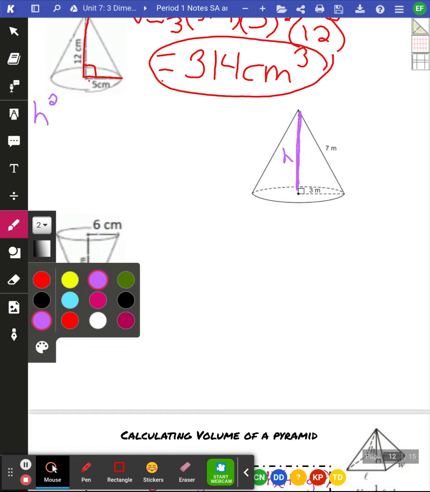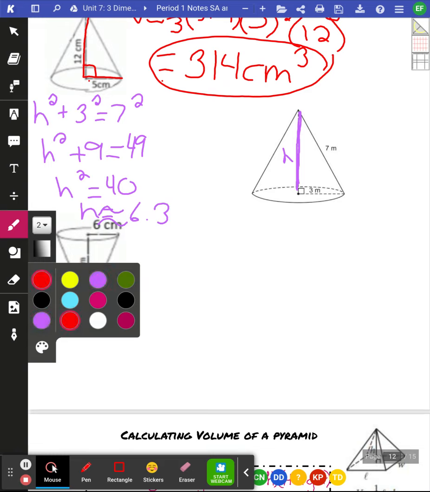So h squared plus 3 squared equals 7 squared. We can go ahead and solve for h. So h is going to be approximately, if we're looking at the square root of 40, it's about 6.3.